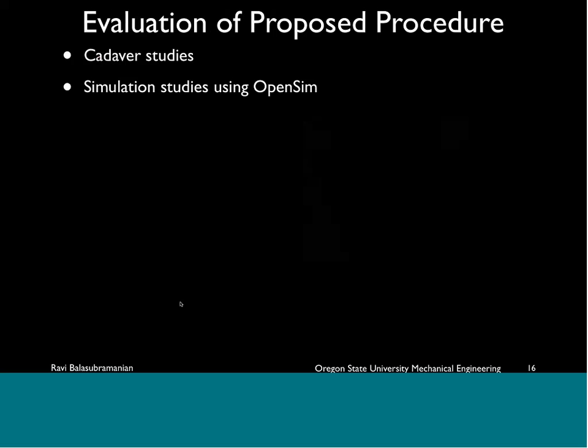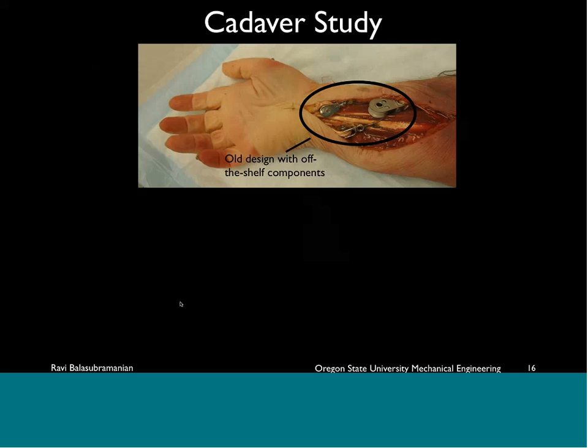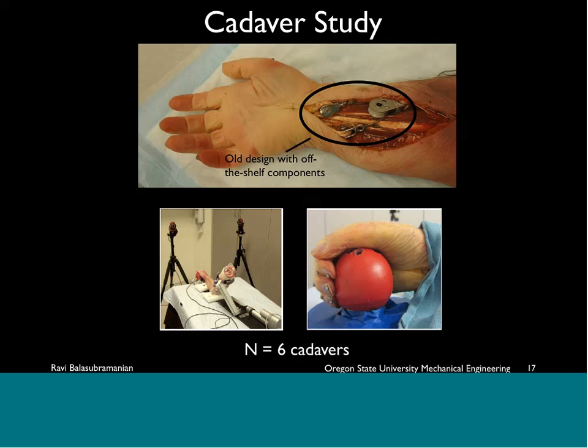Okay. Now, with this as the introduction, let me give you a quick snapshot of the results that we have obtained through cadaver studies and simulation studies using OpenSim. So we did a cadaver study with 6 cadavers.